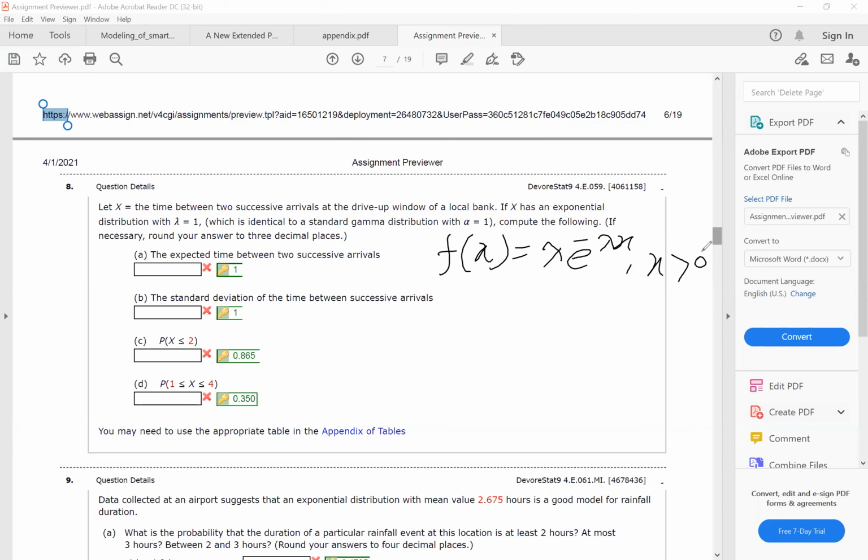So what is the mean mu? You should know this one. What is the mean mu in this case? And what is the variance sigma squared? Can anyone tell me the mean and variance for exponential distribution? Do you remember?